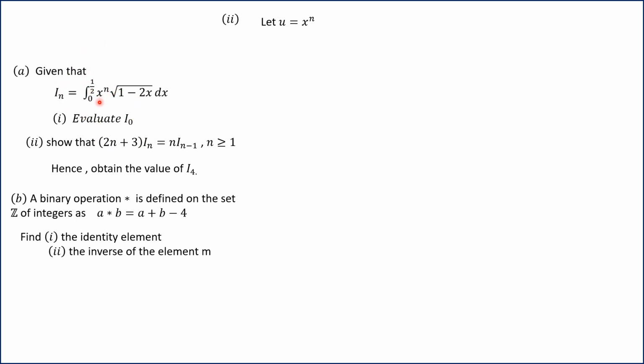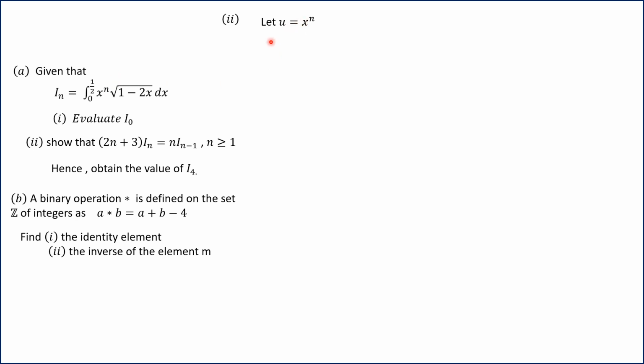So now if you observe very well, you see that x to the power n can easily be differentiated. Remember, we have something like n minus 1. So by simplifying, we are very sure that we will come across a case where we have x to the power n minus 1, and that can easily be achieved if we take this to be the function to be differentiated.